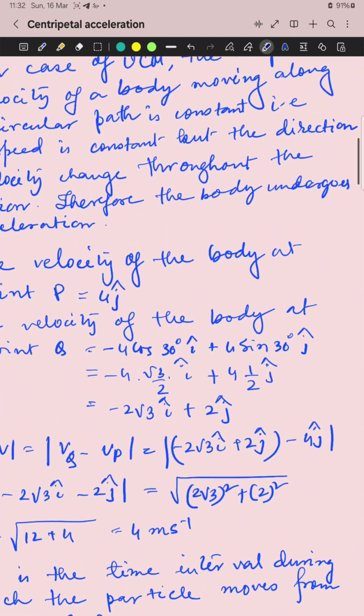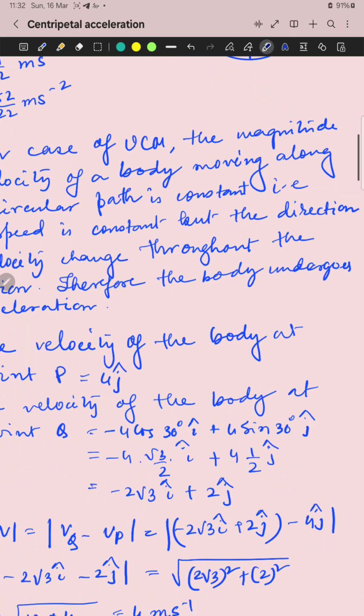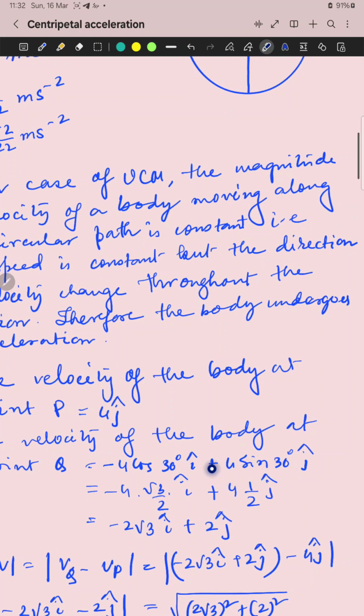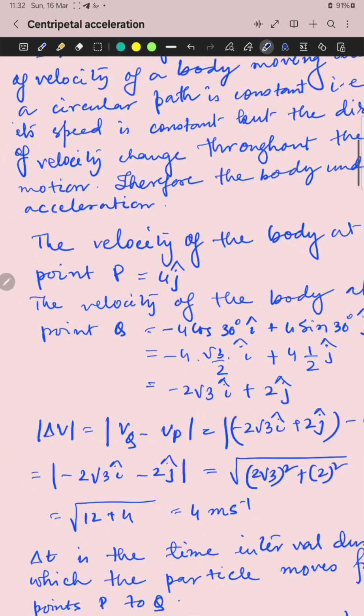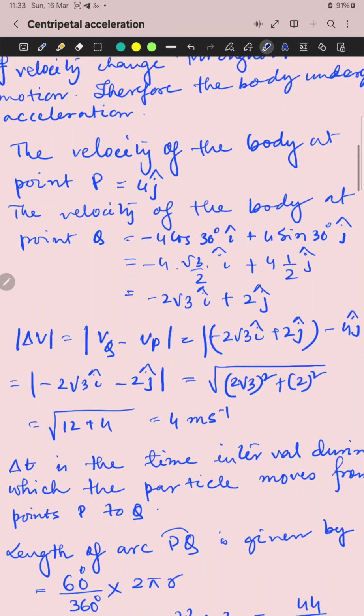So for the x component I have given a minus sign, 4 cos 30 degree, and for the y component 4 sin 30 degree j cap. Now substituting values of cos 30 and sin 30, we get the velocity vector to be minus 2 root 3 i cap plus 2 j cap.